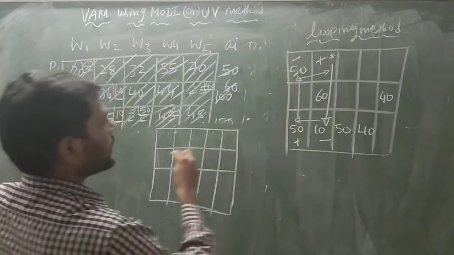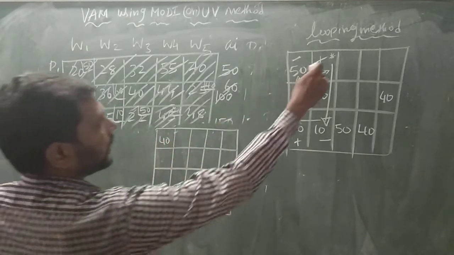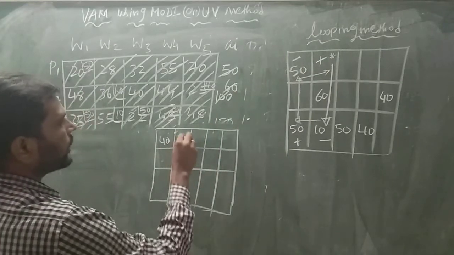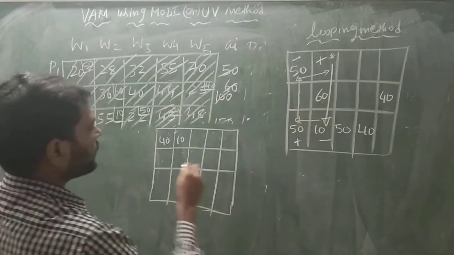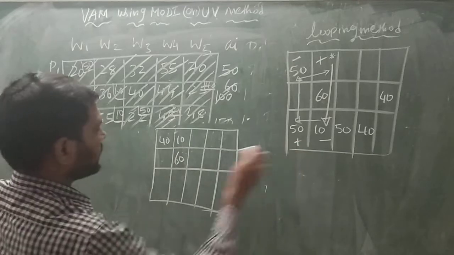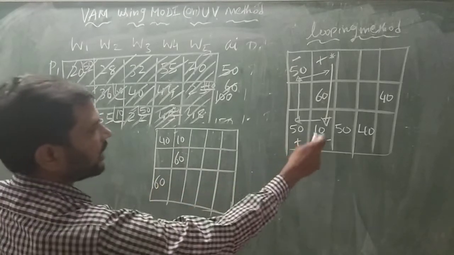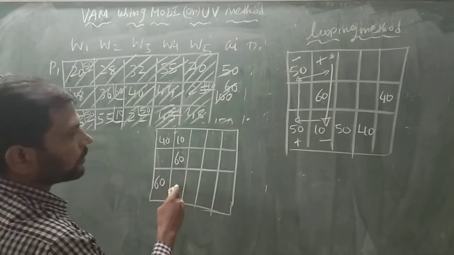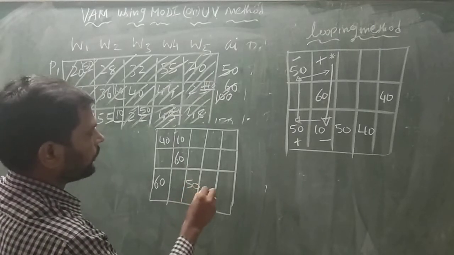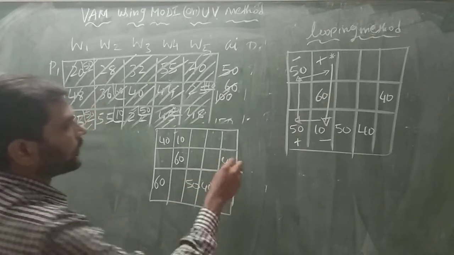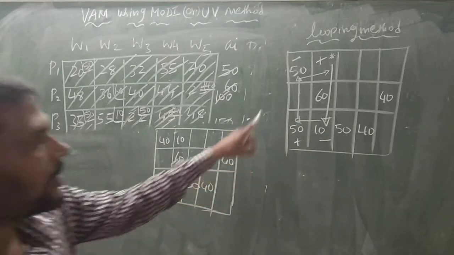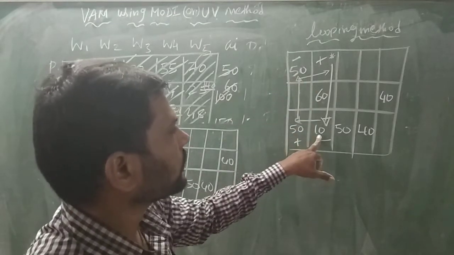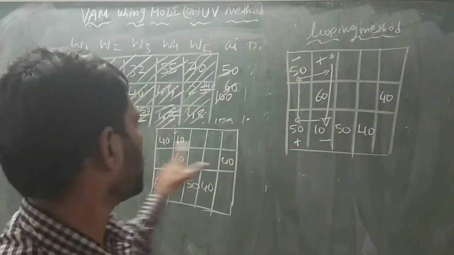So 50 minus 10 is 40. Here, plus, so I put 10. Here there is no sign, so 60. 50 plus 10 is 60. 10 minus 10 is 0. Next one is 50, 40, 40. In this sign, I add 10 to every value, so 50 minus 10 is 40.